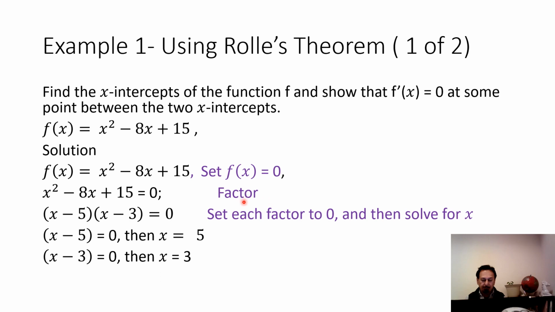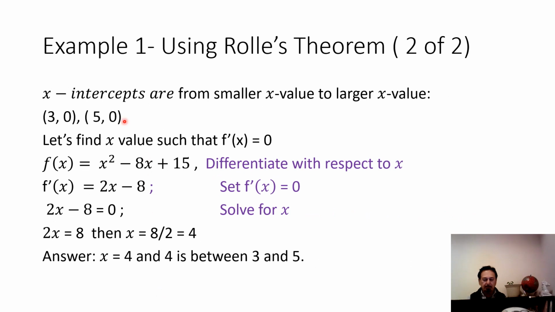Let's try factoring. It looks like the factors are x minus 5 times x minus 3. Now we set each factor to 0. x minus 5 equals 0, then x equals 5. x minus 3 equals 0, then x equals 3. So let's list the x-intercepts from the smaller x value to the larger x value: (3, 0) and (5, 0).